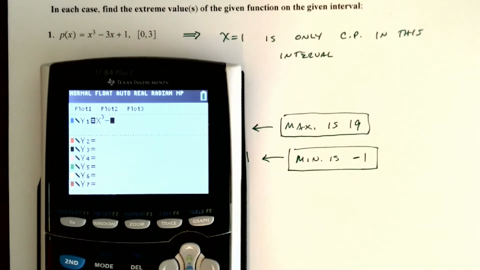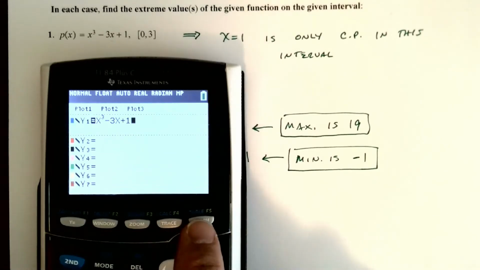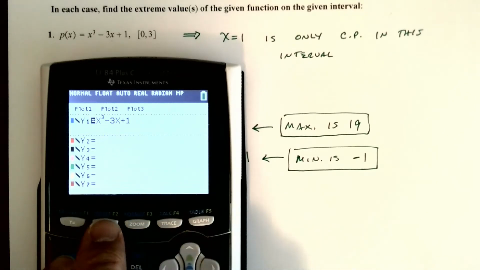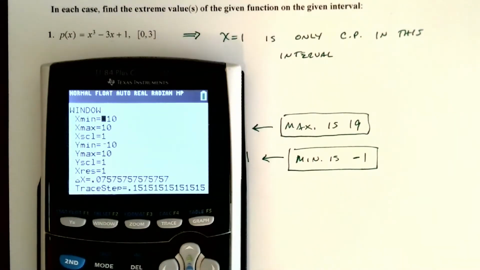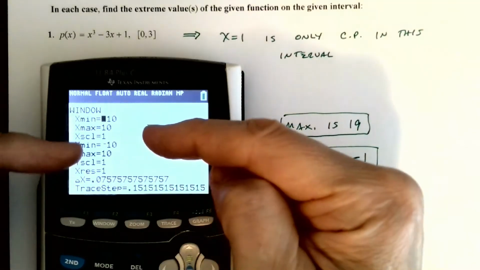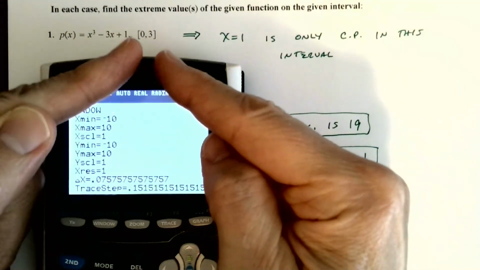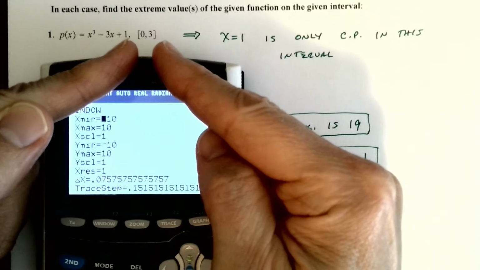X cubed minus 3x plus 1. And I'm going to open a window to help me see this. What should my window look like? What should my x min and x max be? 0 to 3, right?